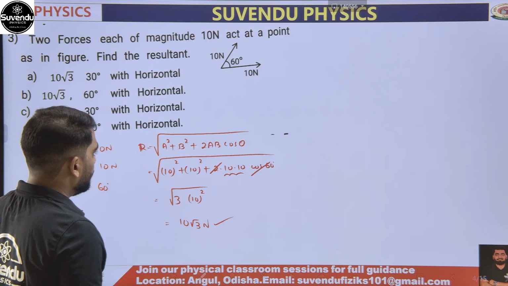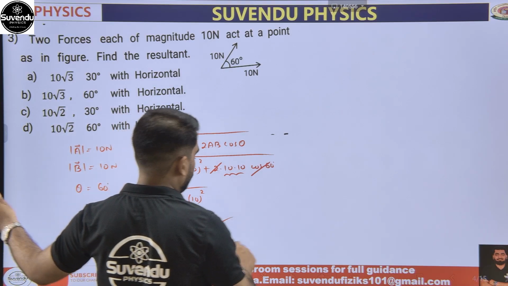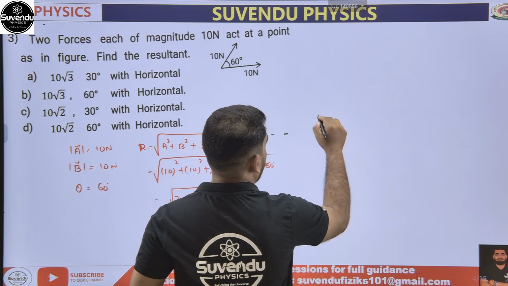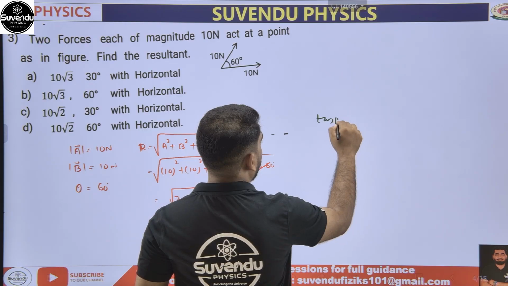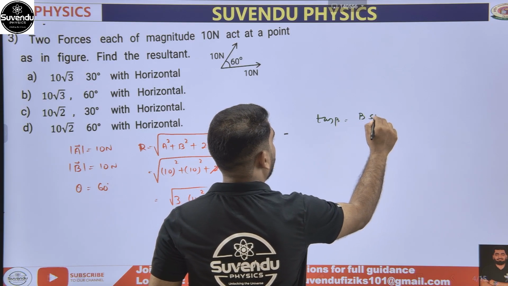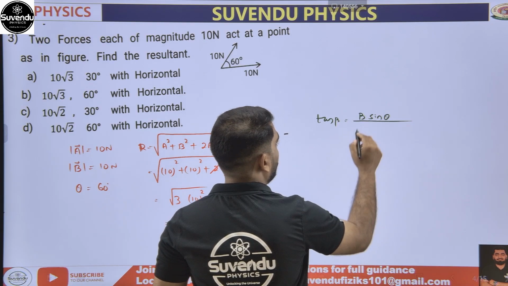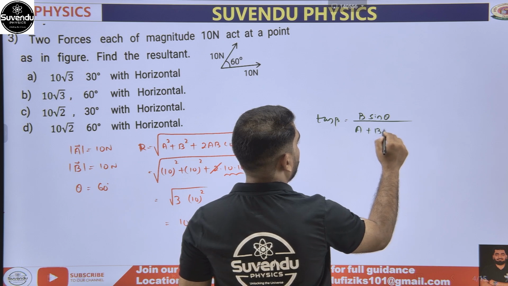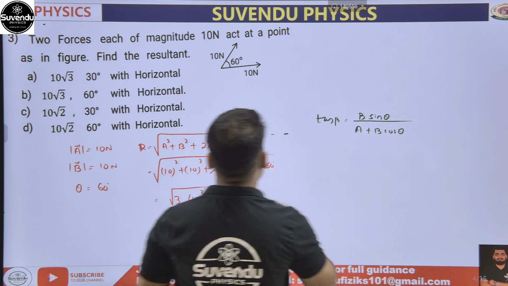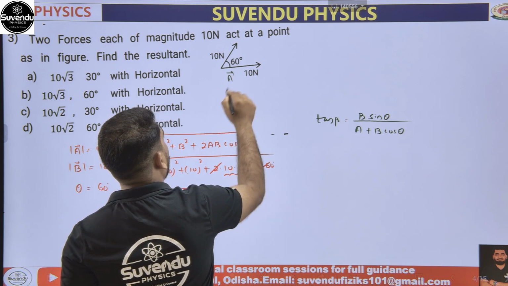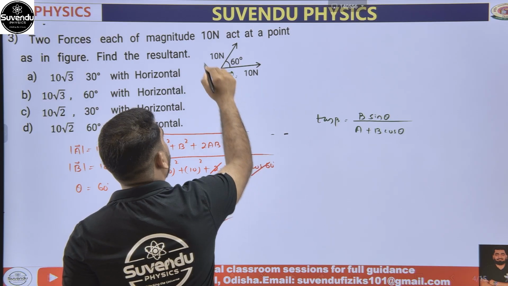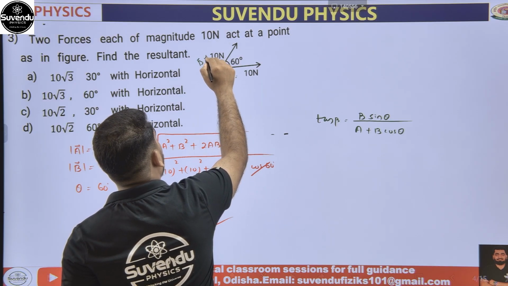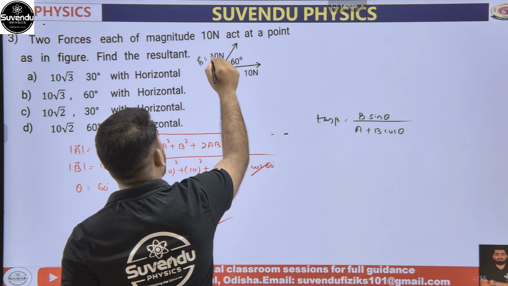This is the magnitude. And how to calculate the direction? To find the direction, tan beta is equal to B sin theta divided by A plus B cos theta. Now in the figure, this is the A vector and this is our B vector, so the beta we get is with respect to the A vector.